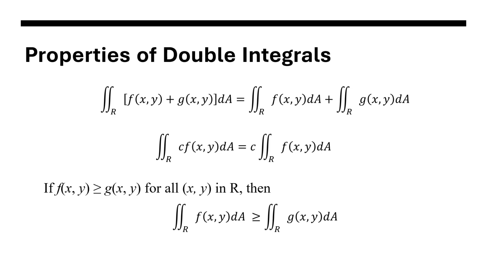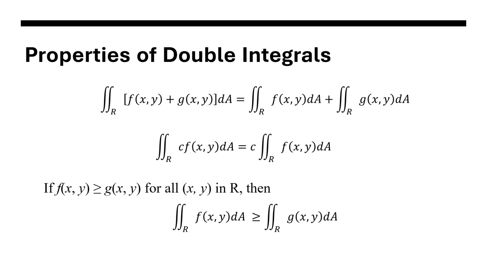Properties of the double integral. Here we have three properties of double integrals that can be proved, of course, as in your previous calculus. We assume that all of the integrals exist.